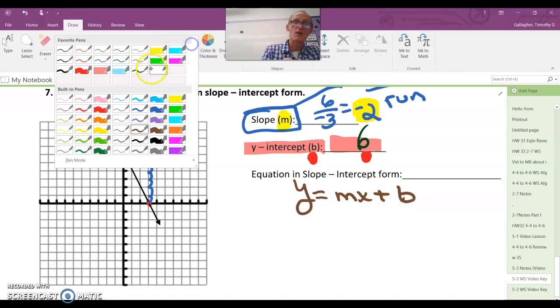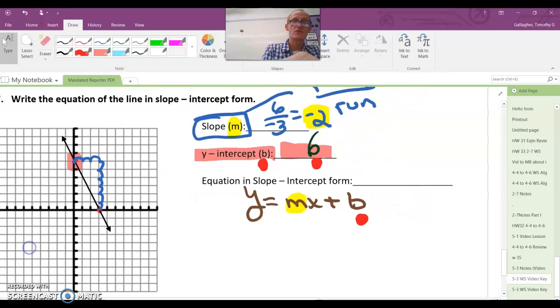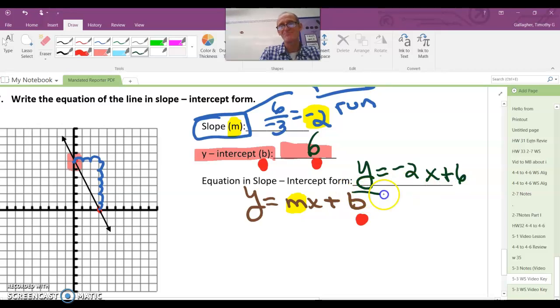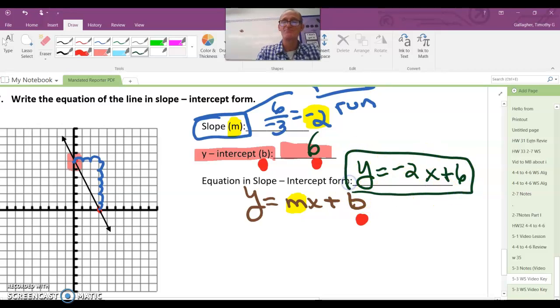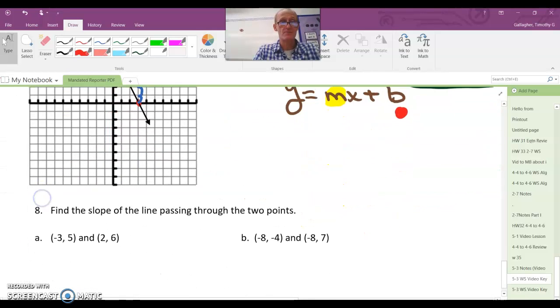And in this problem, m is the slope, which is -2, and b is the y-intercept, which is 6. So the final answer for this problem is y equals -2x plus 6. That was problem 7.